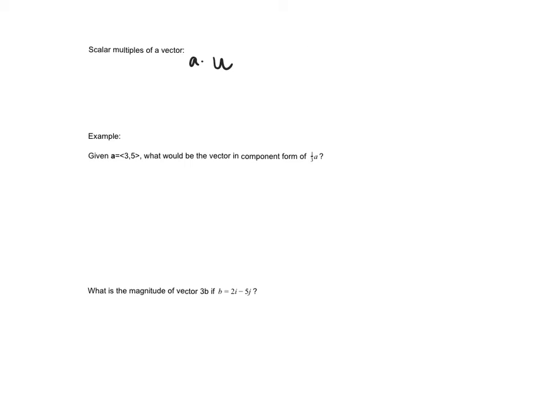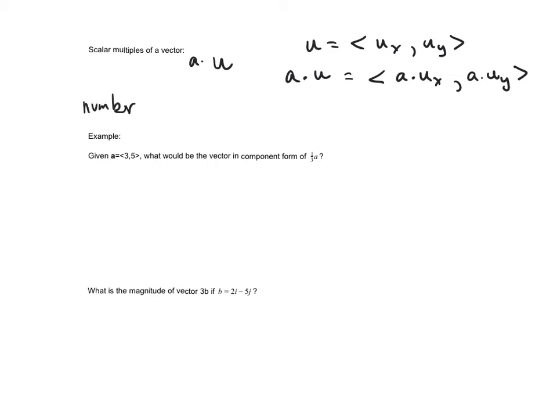So if we have some vector, let's say u is equal to vector u sub x, u sub y, then if I want to find a times u, where a is just some number, then all I have to do is multiply a times the x component and a times the y component. So, pretty simple. So we're just taking a number times a vector, or a scalar times a vector.